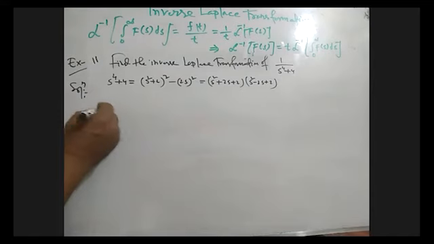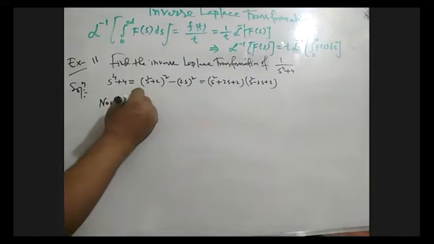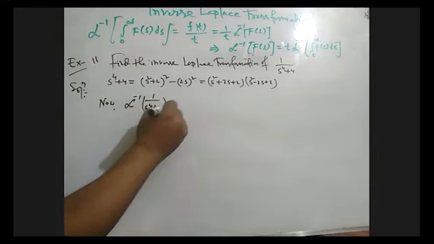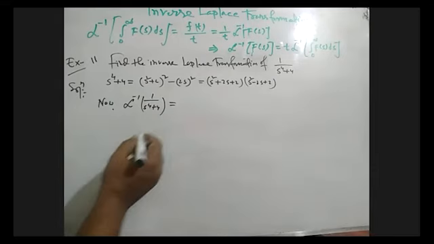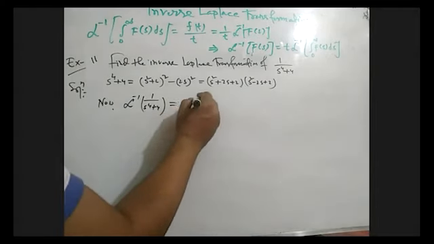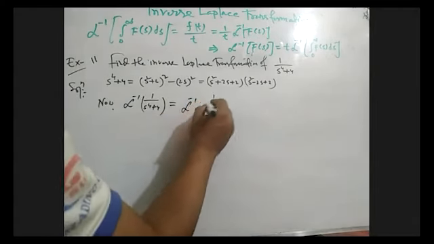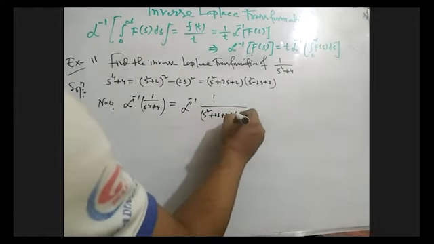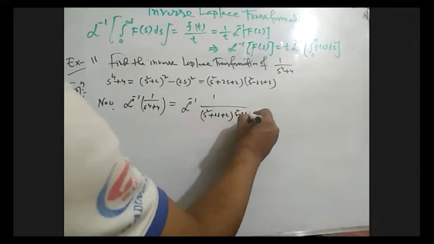So now the inverse Laplace transformation of 1 over s to the power 4 plus 4 can be written as inverse Laplace transformation of 1 divided by s square plus twice s plus 2 times s square minus twice s plus 2.